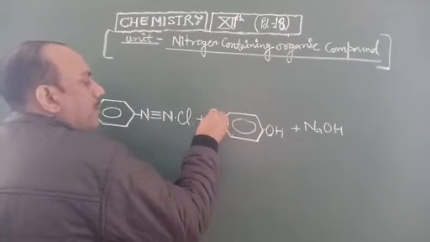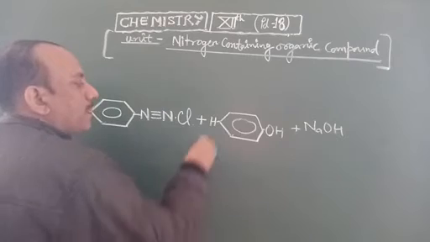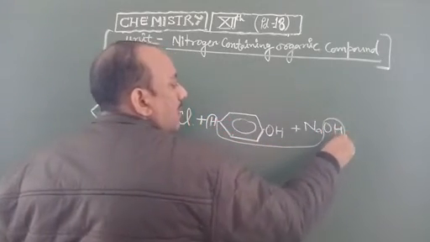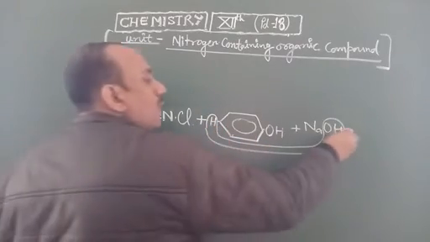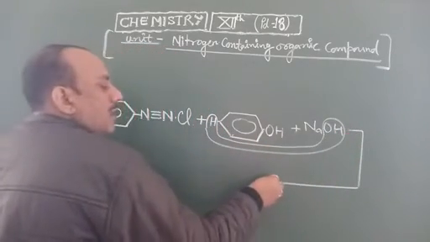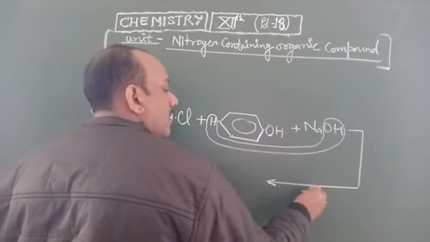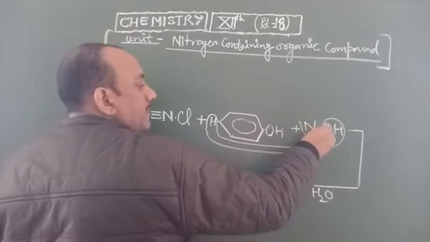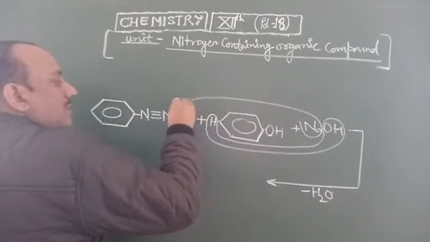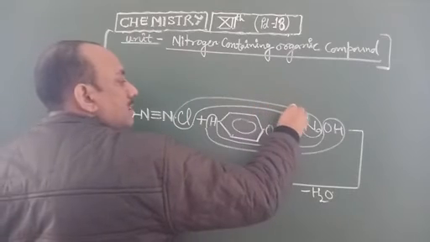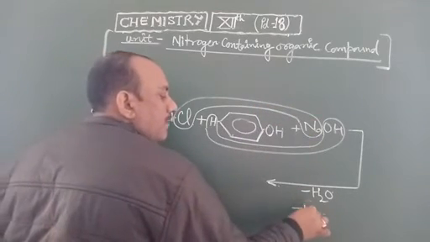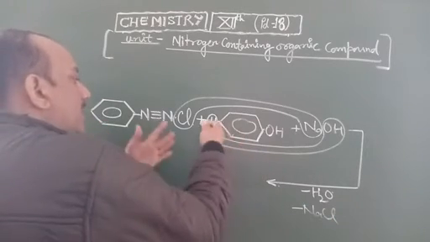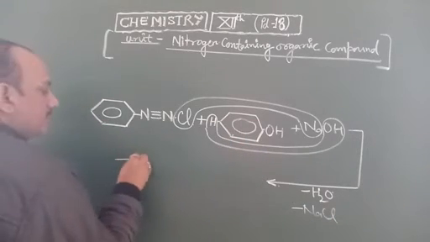A single para position hydrogen is taken by the water molecule to make H2O, and this sodium atom takes chlorine to form NaCl. So sodium chloride is removed and then both rings are joined with one another.